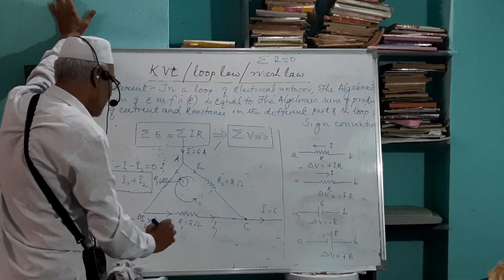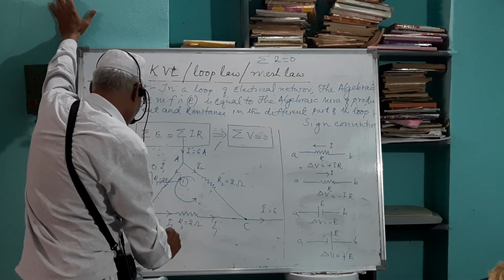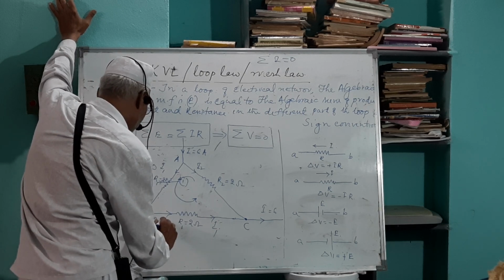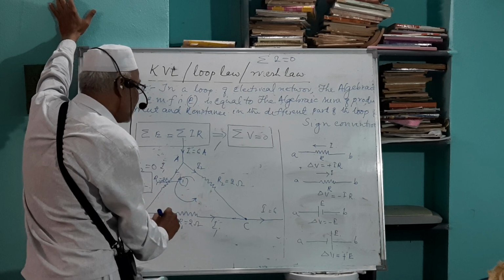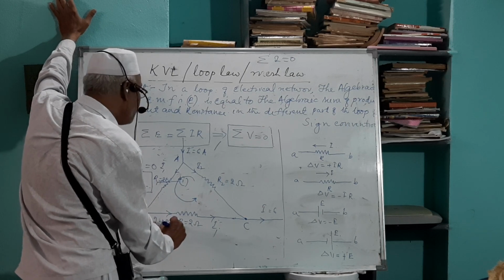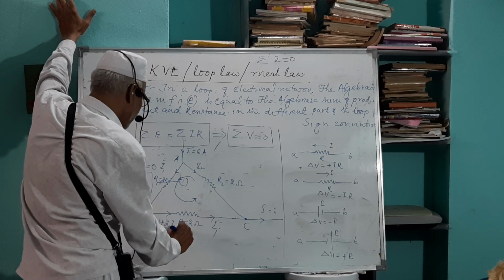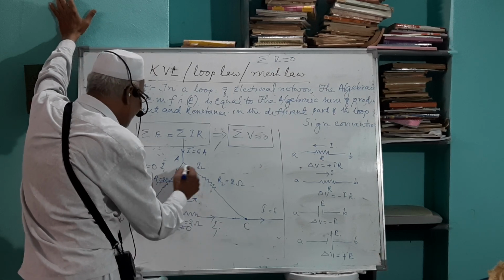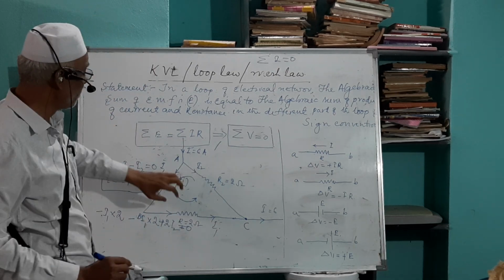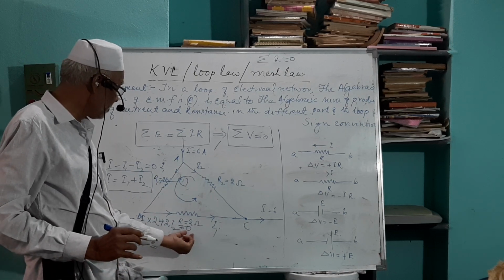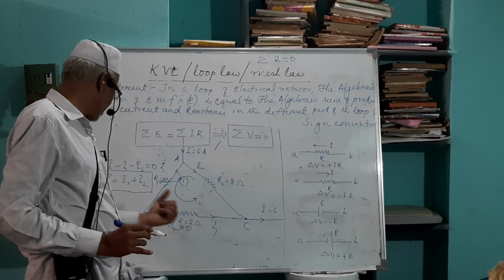So plus 2I2, which is equal to 0, since this loop does not have any cell. Therefore you can write that the EMF of this loop is 0.